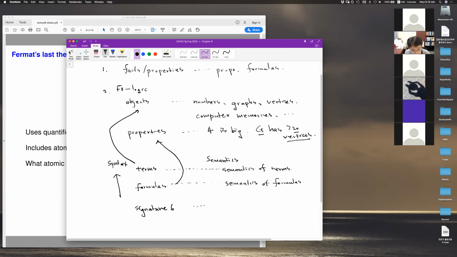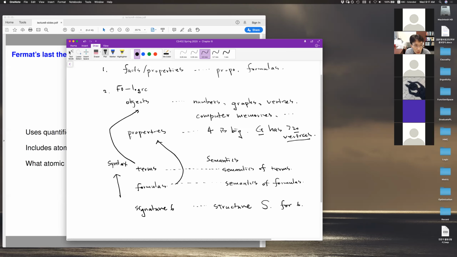And then to give a meaning for the first order logic language determined by the signature, we have to provide appropriate semantic things, which is called a structure. So a structure S for signature sigma. This is a bit like providing the meaning for the base case, and then all the rest will be built inductively from this base case.